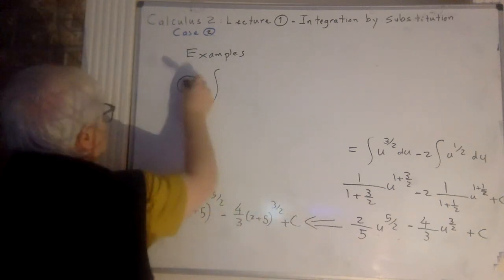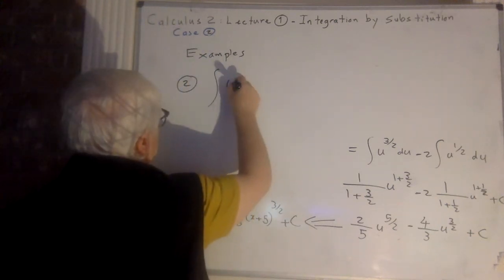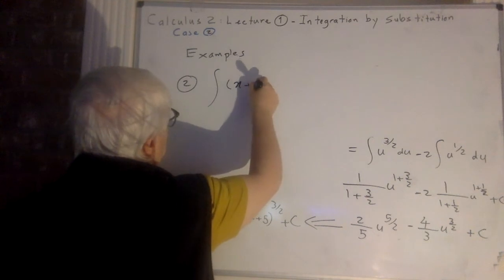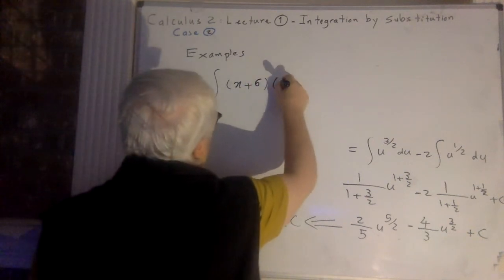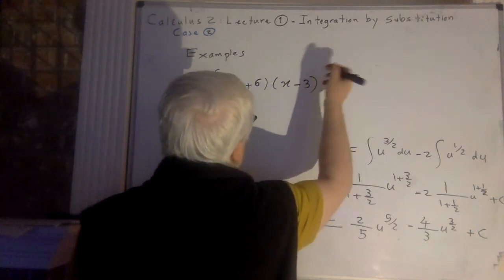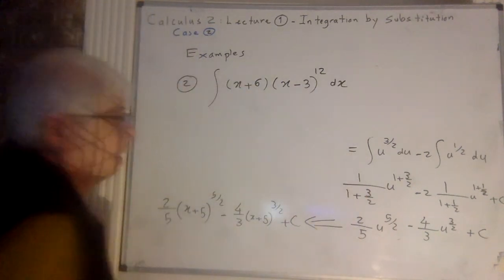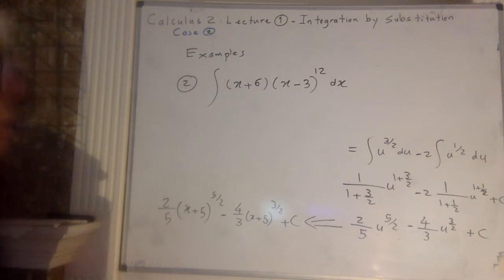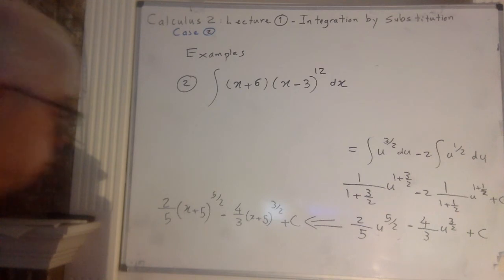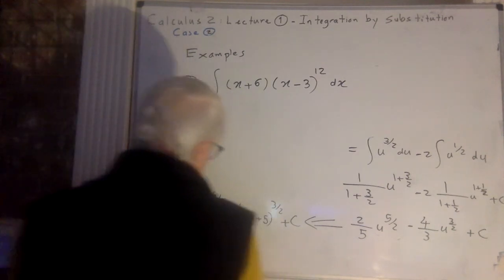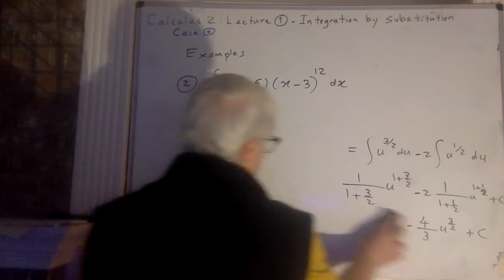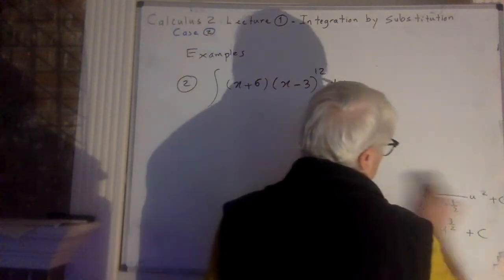Example 2 of this type is, well, let's write the same, plus 6 times (x minus 3) to the power 12. Well, you might be intimidated to expand (x minus 3) to the power 12. So let me give you that expansion, because it is a good review at this point. We might need that at some point.